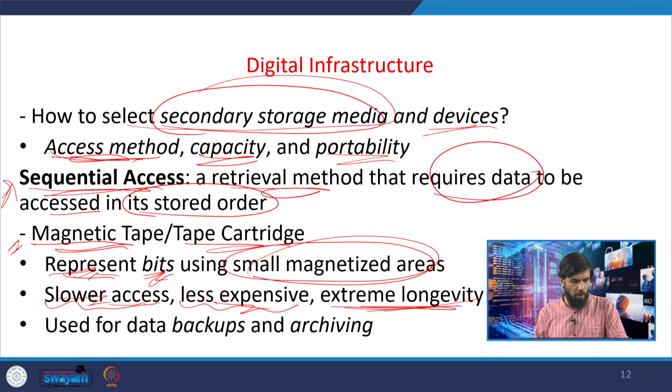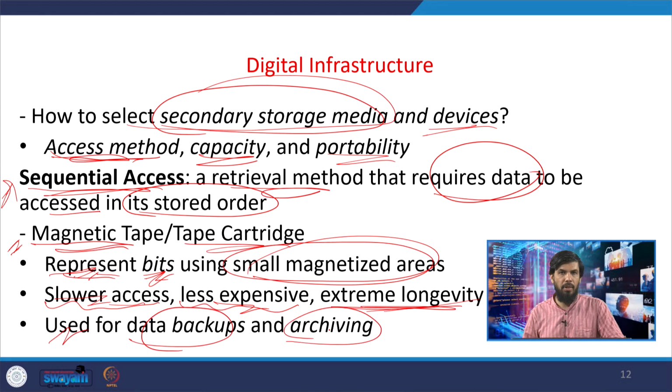Extreme longevity is very important, and therefore magnetic tape and tape cartridges are still in business. They are used for data backups and archiving, because of the extreme longevity, and you can get your data back. Tape cartridges are used by cloud vendors and others who need to store huge amounts of data. Archiving and backup are common mechanisms to store data, but they follow sequential access, so the access is slower.